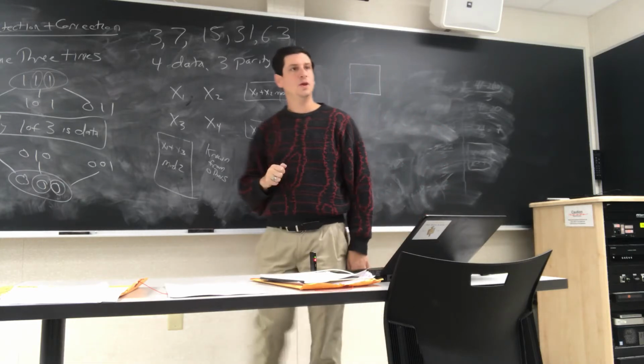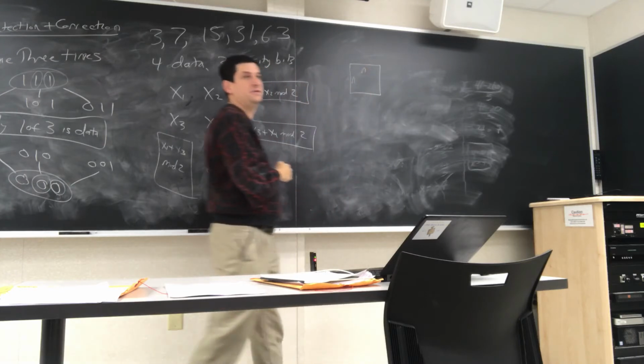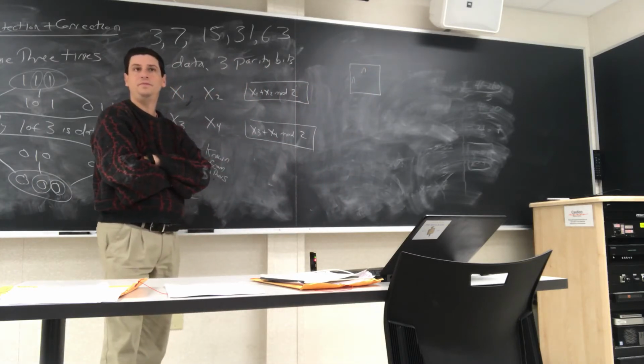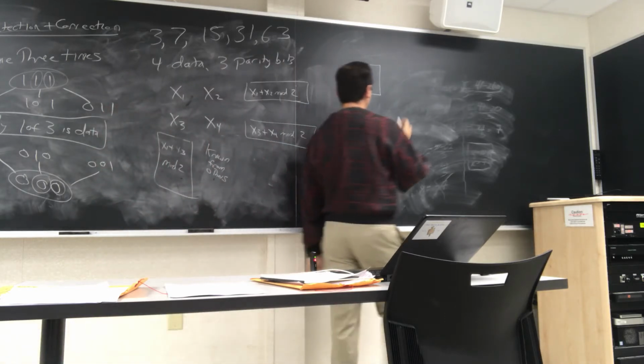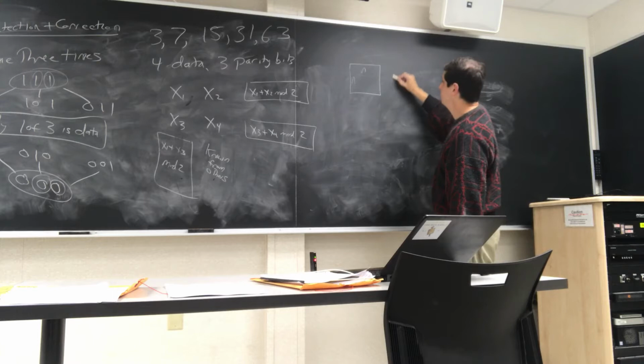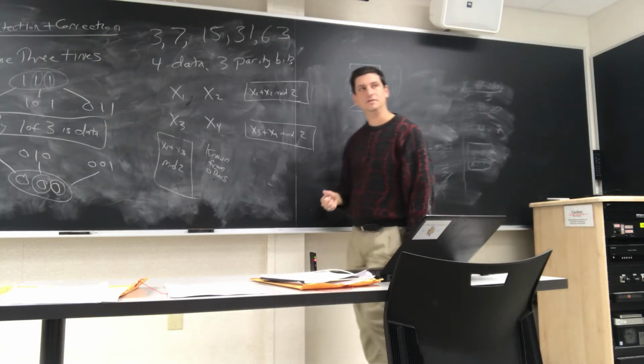So now we could have maybe an n×n block here. And then we have some parity bits here and some parity bits here.